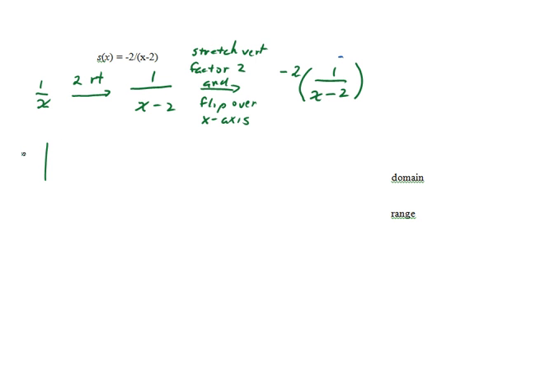So here we're starting with the original hyperbola, asymptotes at the x and y axis. We're moving 2 units to the right.